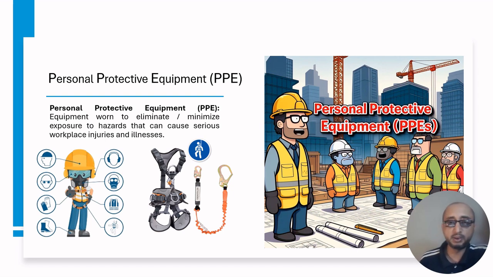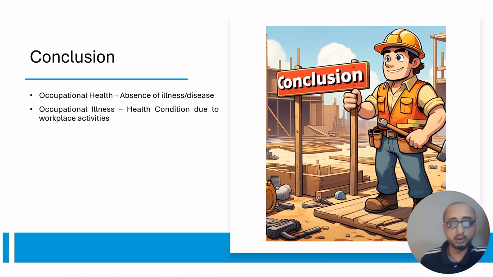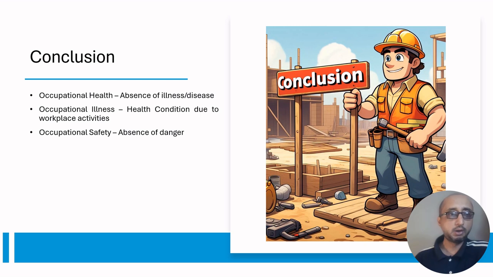So these are the PPEs that anyone wears to avoid the direct exposure to the hazard or minimize the consequences of the incident. So we have covered all the topics of today. Let's conclude what we learned today. Occupational health: absence of disease due to the workplace. Occupational illness: basically the presence of any disease or bad health condition due to the workplace, work activities.